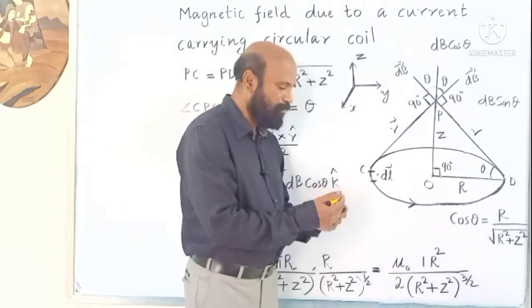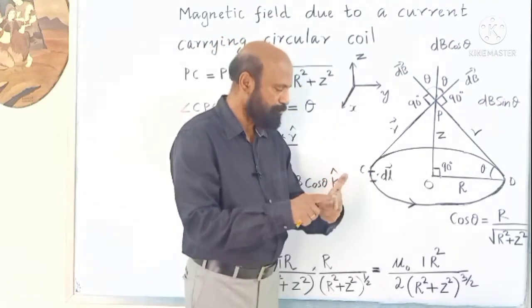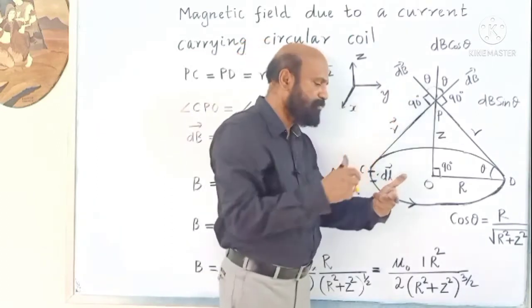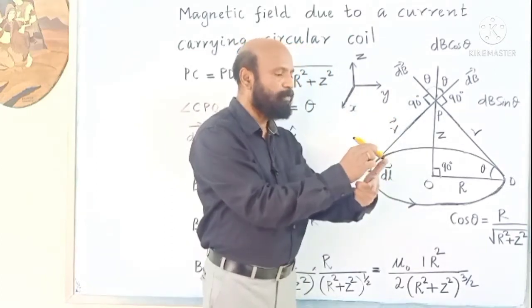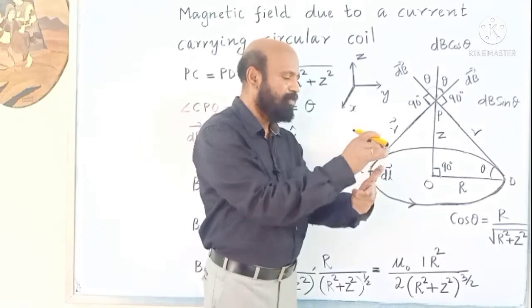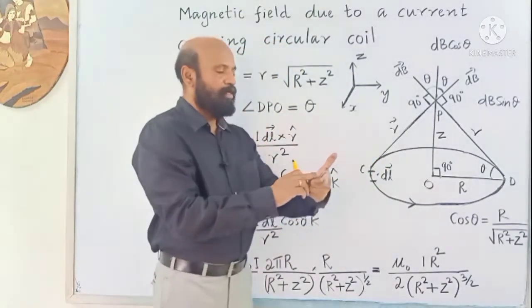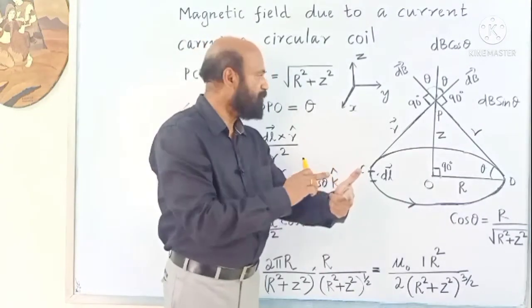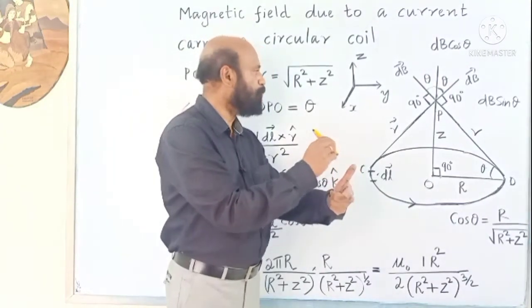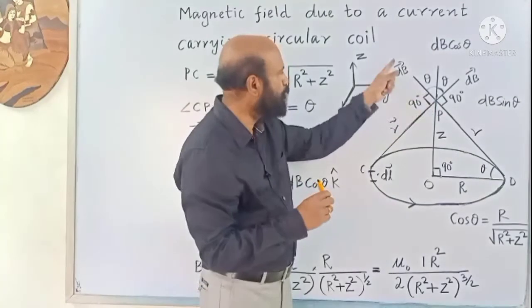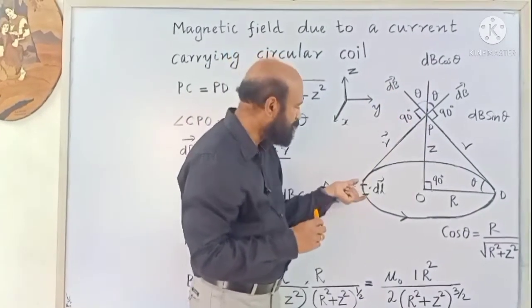Here this is the dl vector, and this is the r vector. It is perpendicular to both dl and r, given by dl vector cross r cap. So this is the direction in which the magnetic field is acting due to this current element.